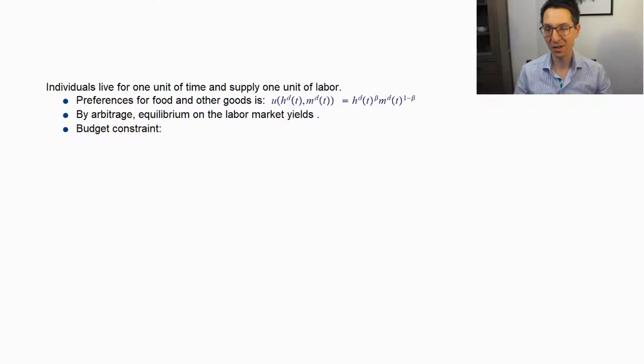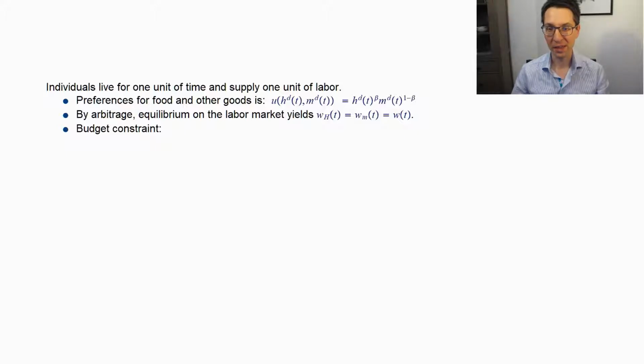So then the wage rate would go back down to the same as the other one. So by arbitrage, we can simply write that the equilibrium on the labor market yields that the wage rate in the harvest sector, WHT, is equal to the wage rate in the other sector, WMT, and we just write that it's equal to this unique wage rate, WT.